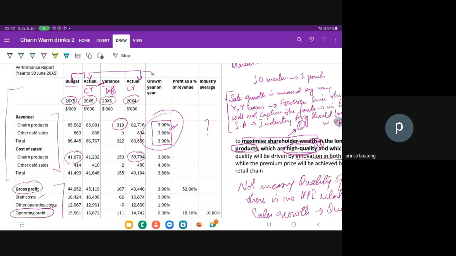So there is a reduction basically, right? No, not reduction. Look, there's a growth, an increase. So cost is increasing, right? And sales margins are also increasing. So it's difficult to identify whether the company is selling at premium prices.